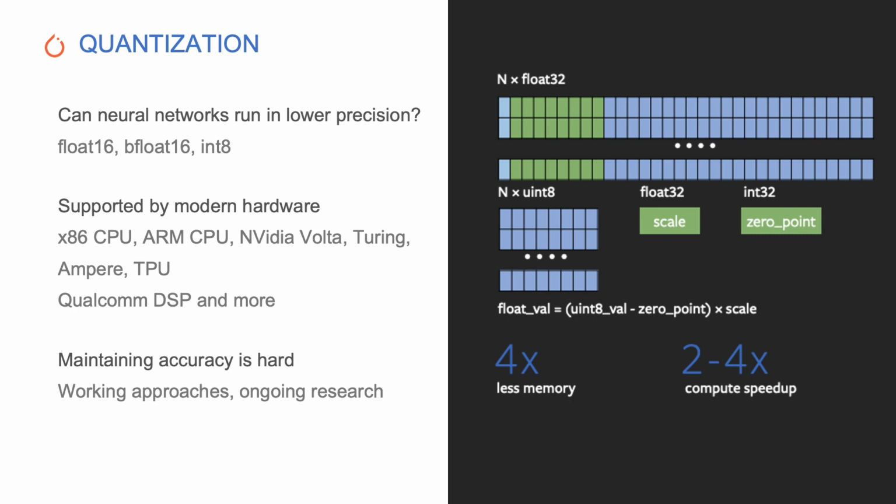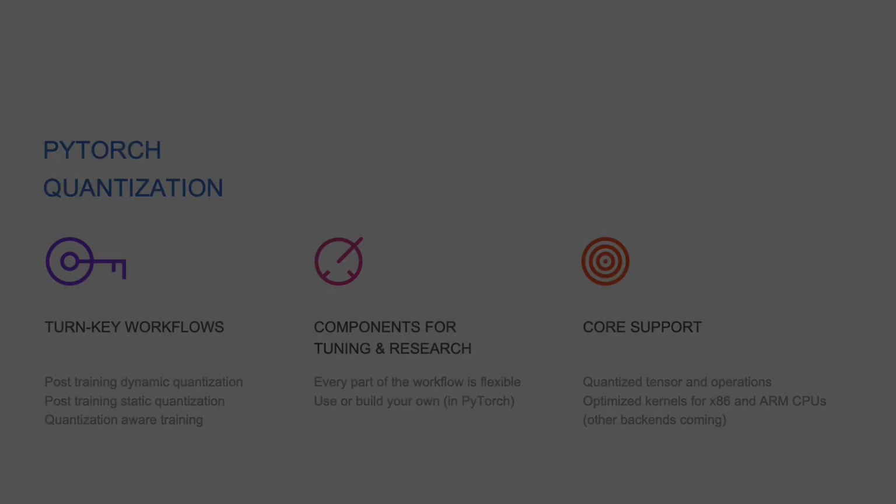As I go through the rest of this talk, you'll see there are some techniques you can use to achieve pretty high accuracy, even in networks that are a little bit more demanding. So maintaining accuracy can be easy, but for some networks it's hard. We provide lots of tools in PyTorch to maintain good accuracy even in the more demanding models.